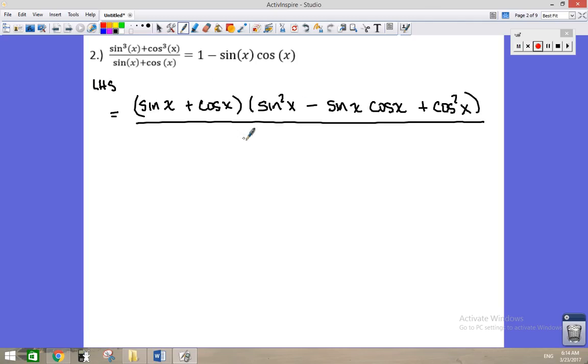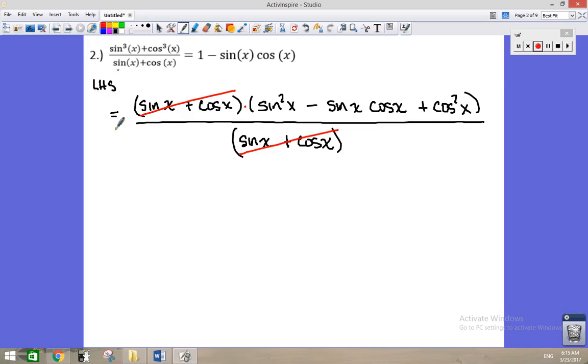So our denominator, now, you have to be careful when you're simplifying fractions. When you have multiplication, then these are factors, and common factors do cancel, but terms don't. So this sine of x plus cosine of x, that factor divided by this factor is equal to 1.